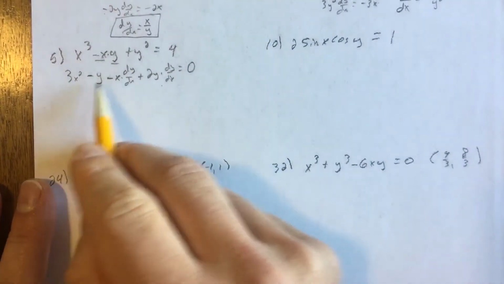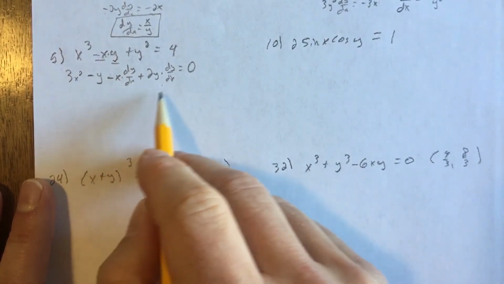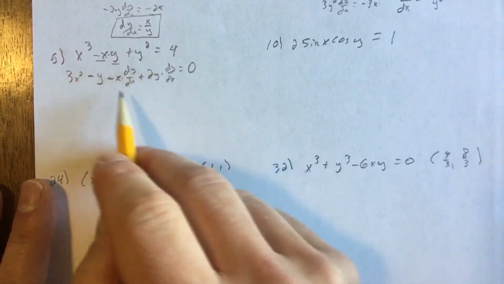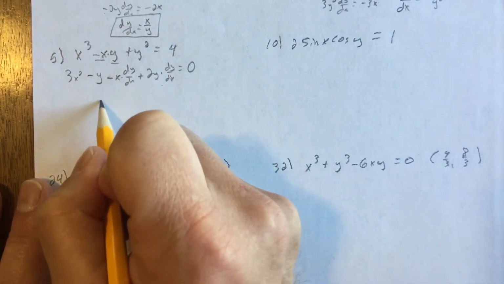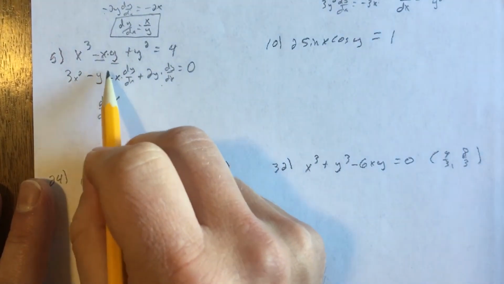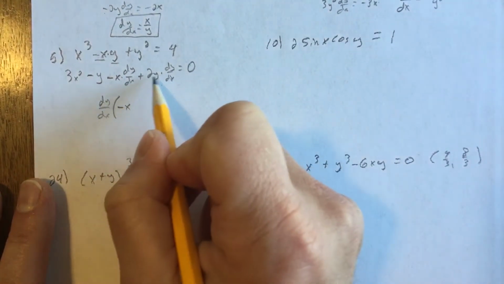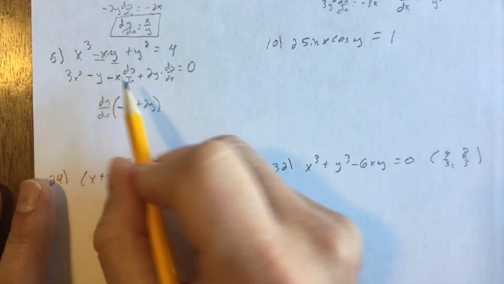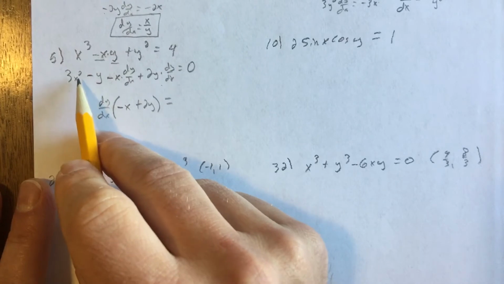Now what we're going to do is move things that don't have dy/dx over to this side, and we'll keep these sides. And when we keep them, we'll just factor that dy/dx out. So the terms that have dy/dx are negative x and this plus 2y. So I've factored the dy/dx off of those. And then we're also going to bring these over.